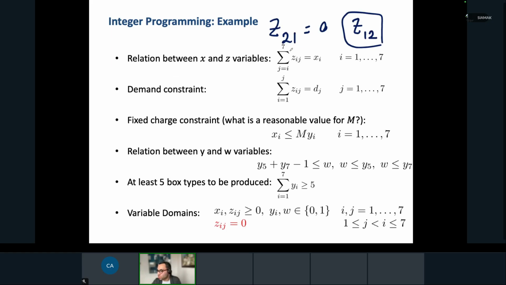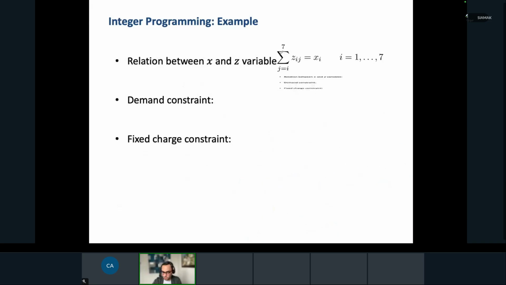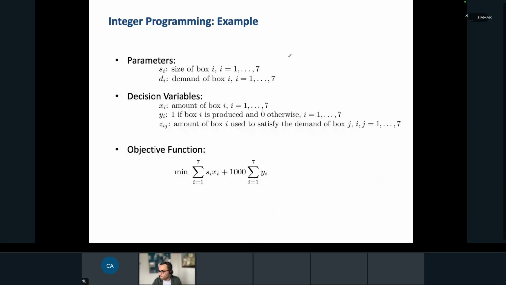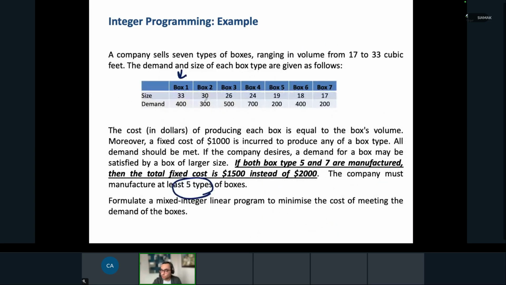Why is z_ij equal to 0 when i is greater than j? If you go back to the very start, it says that you can use a larger box to satisfy demand of a smaller one, right?